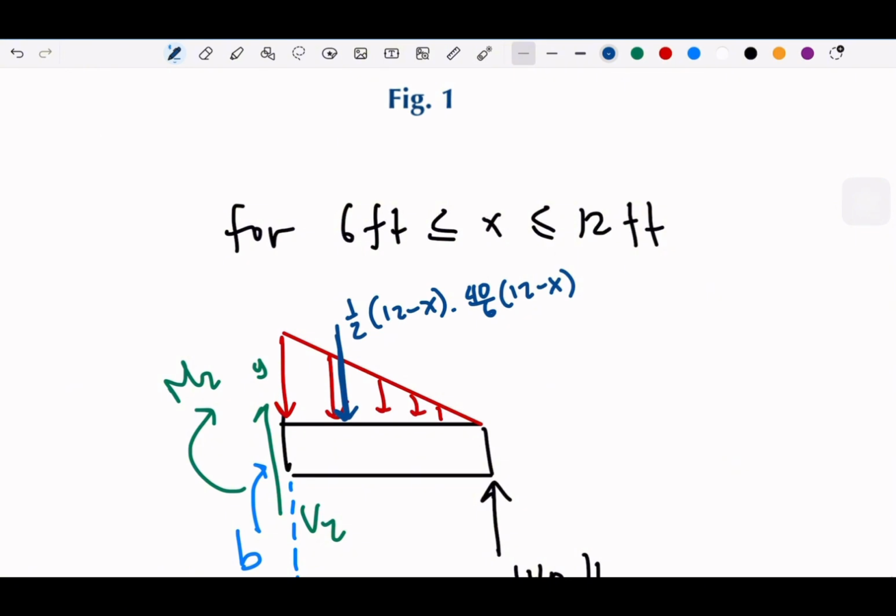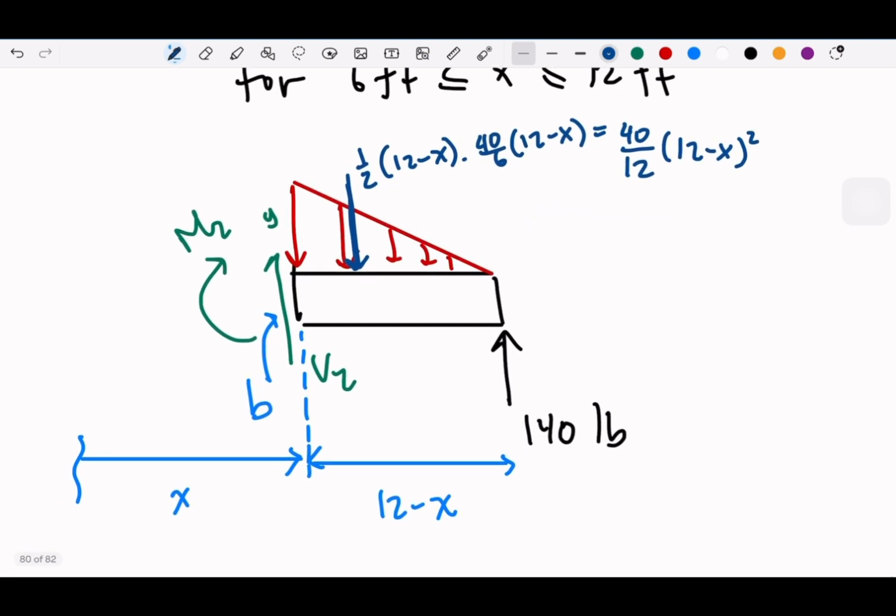So we have 40 over 12, and then 12 minus x squared. Okay, that's the force on this side, and this will be 12 minus x over 3, right?